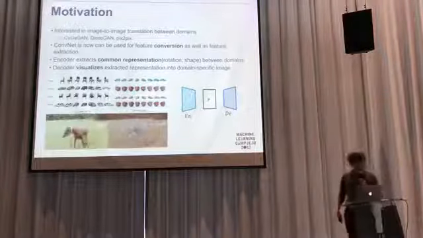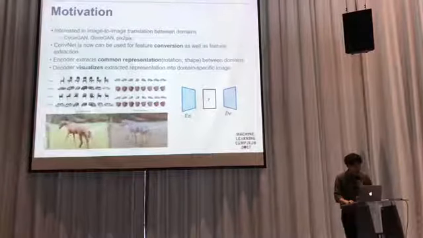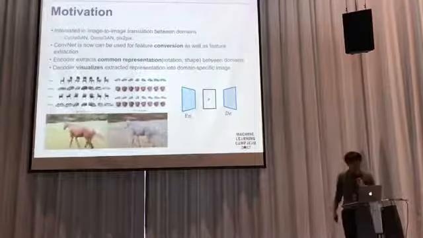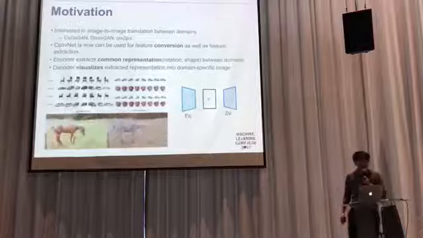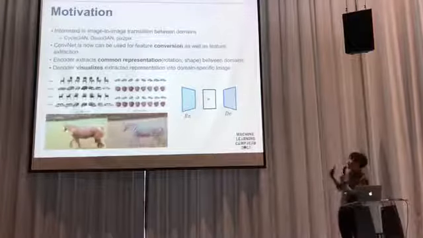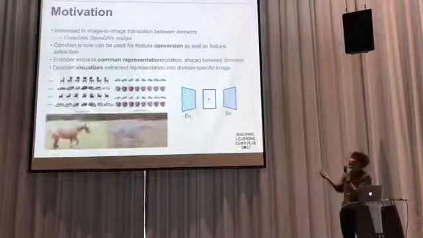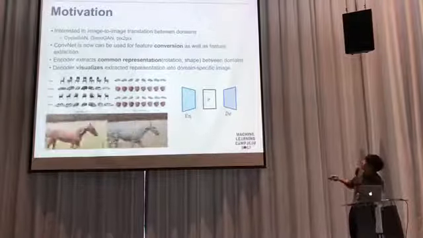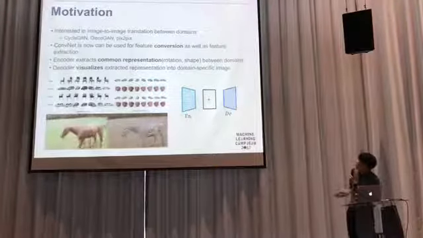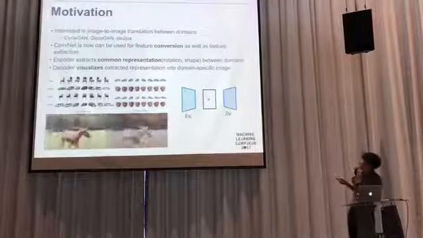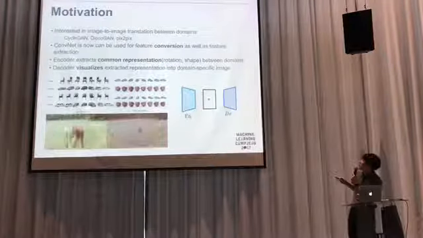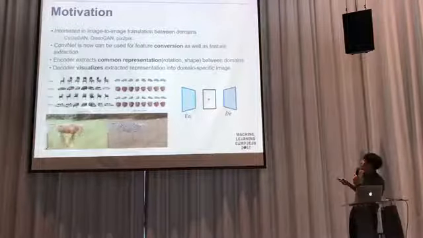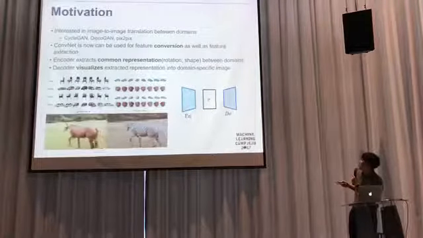My motivation for this project is, first, I was interested in image-to-image translation, represented by CycleGAN and DiscoGAN, pixel-to-pixel. There are some examples like chair to car, rotation, and horse to zebra.